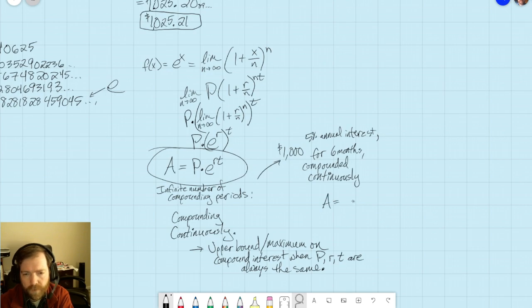So this is A equals P, which is 1,000, times e to the r, which is 0.05. Sorry, 5% annual, so 0.05 is the number, times 6 months, which is half a year.